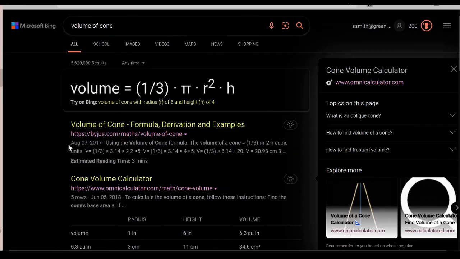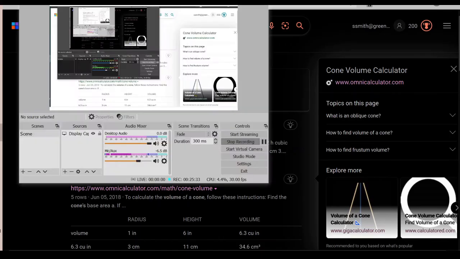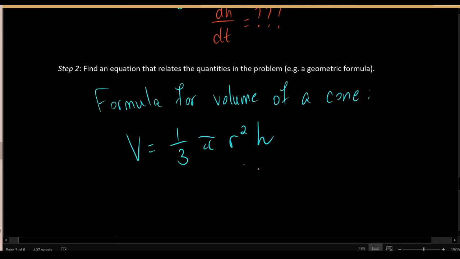So I guess we're on Bing now, that's fine. The volume is 1/3 times pi times radius squared times height. Now immediately there is a big difference between the equation that we have just found in this problem and the equation that we found in the previous problem.